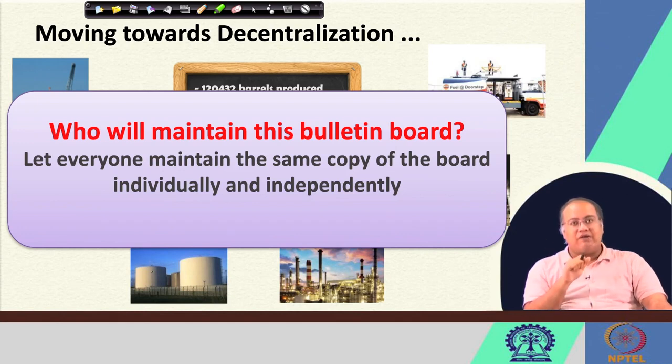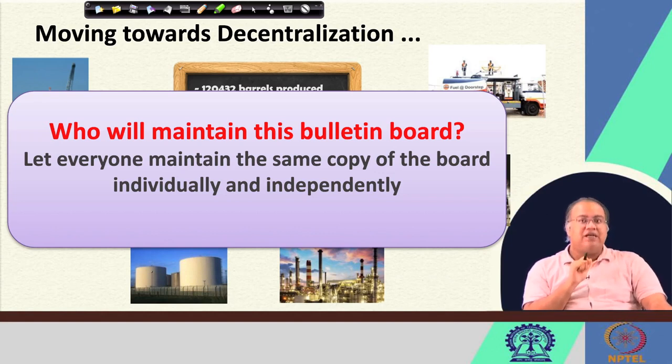Finally, one possible solution that we can consider is to let everyone maintain the same copy of the board individually and independently. What does it mean?